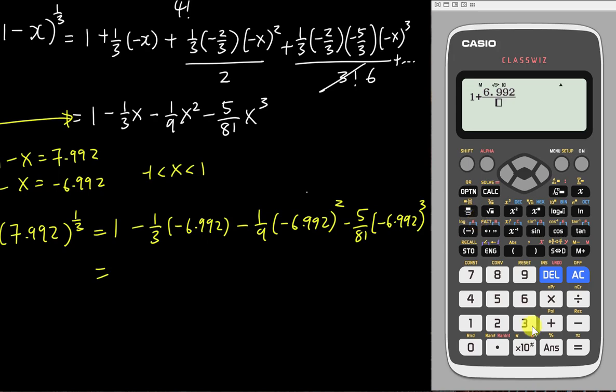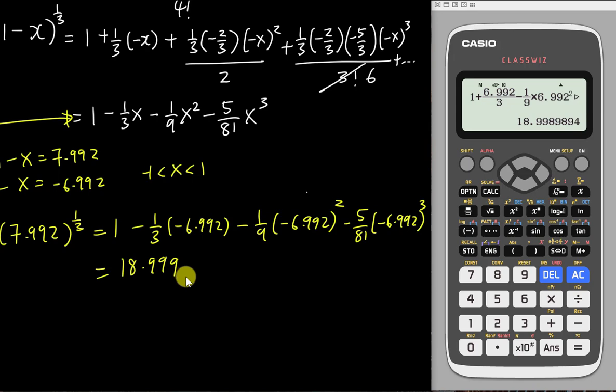Squared gets positive, so I can just minus 1 over 9 of 6.992 squared. The cube term is negative and the minus is negative again, so we get positive. You can straight away do positive, or just type negative in it and also get the same result. Some students just don't want to think so much, so you can just type everything in, power of 3.